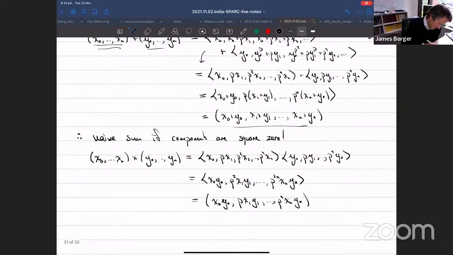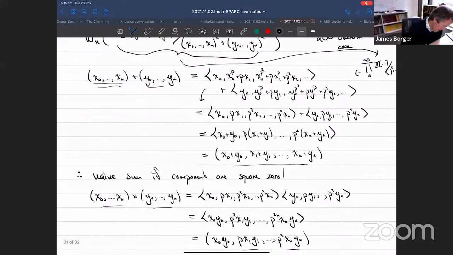So if the components are square zero, then the product of two Witt vectors is not quite the most naive component-wise one, but it's somehow twisted by a power of p, depending on which component you're in. These, by the way, are all the theta components, the Witt components.